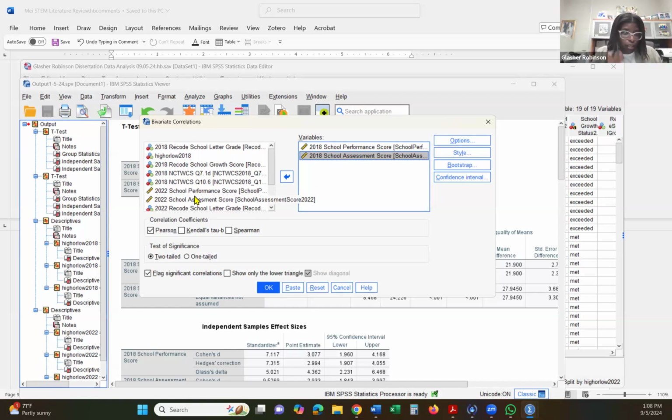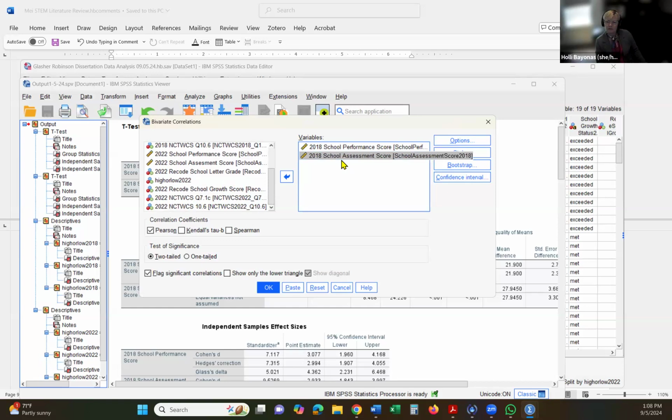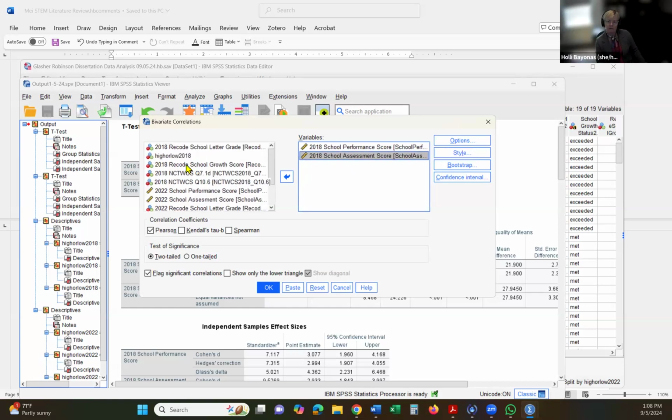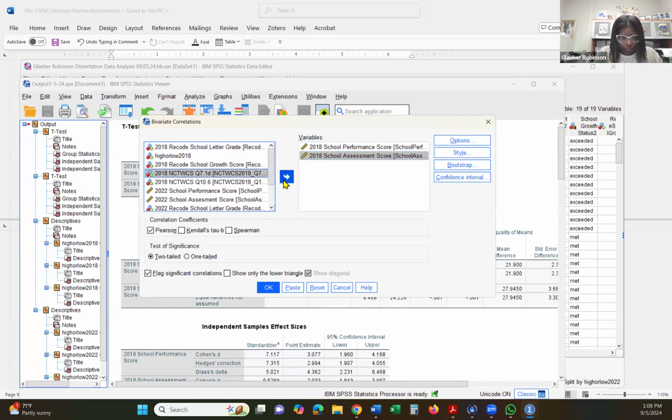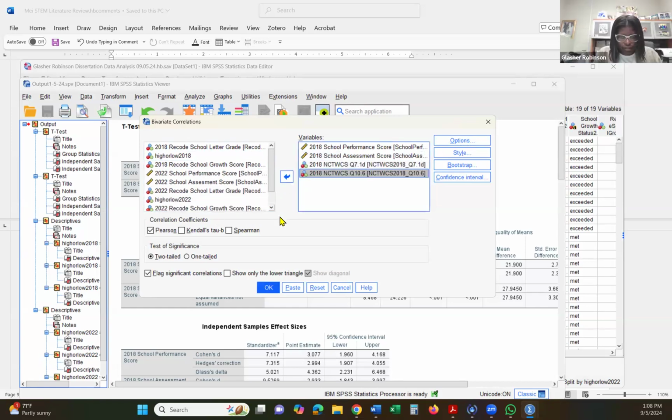And so technically the only one that needs the school assessment score with it is question three. Okay, am I missing it? Oh, there it is. It's already there. Okay, school performance score, assessment score, and now the working conditions, right? Yes. So that one and that one. Yes. Okay.